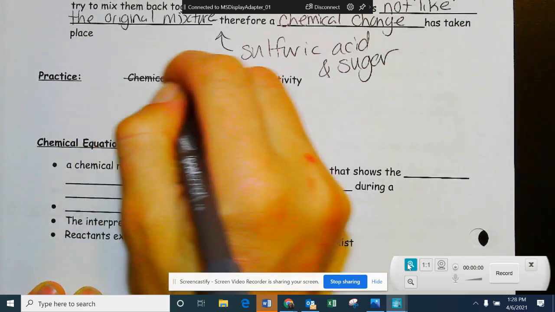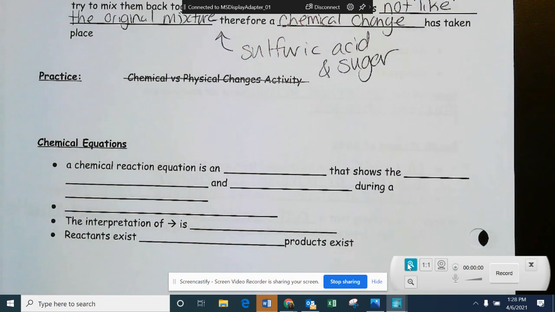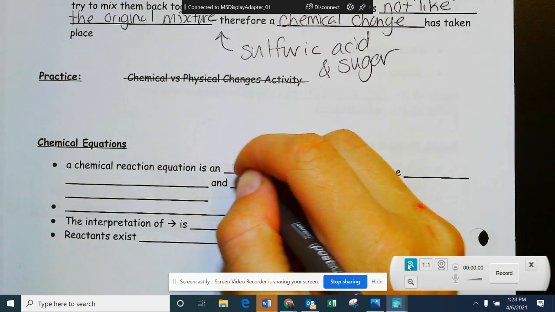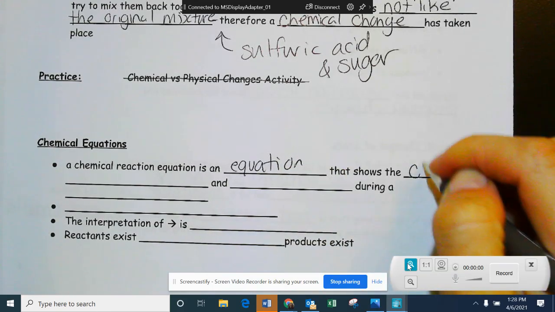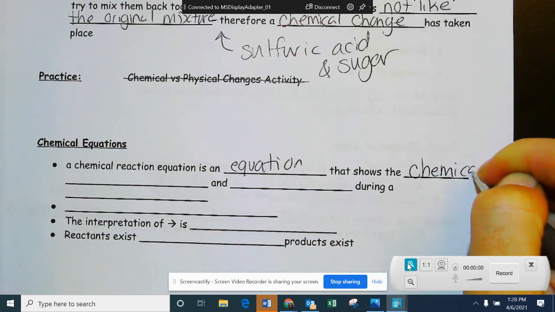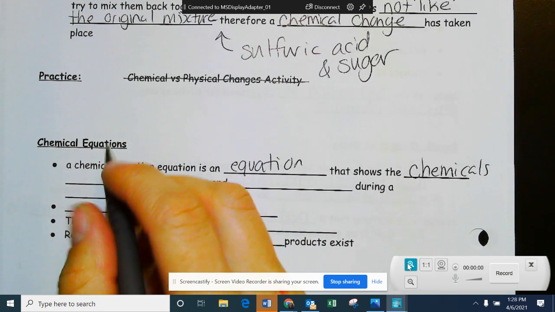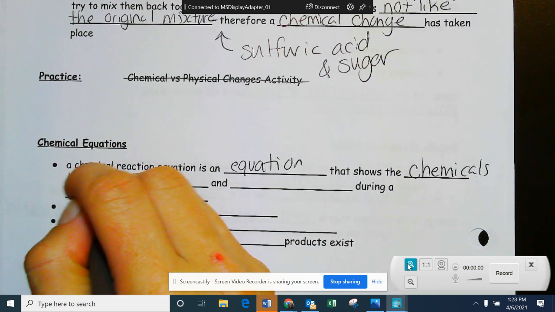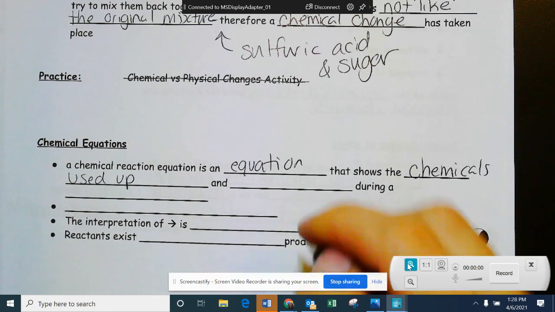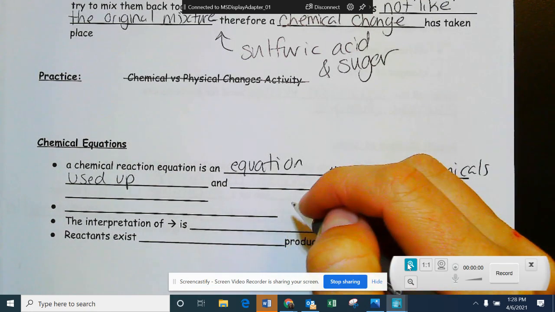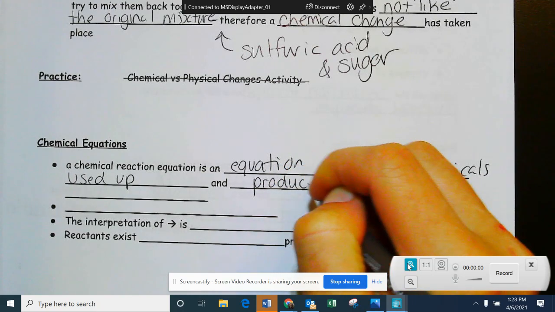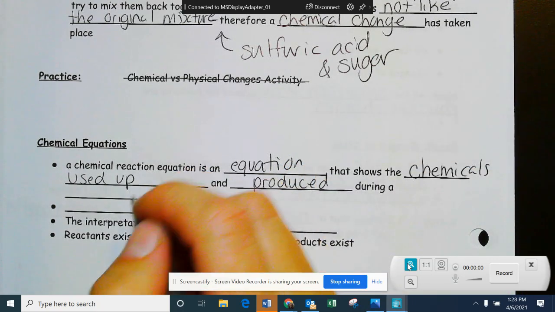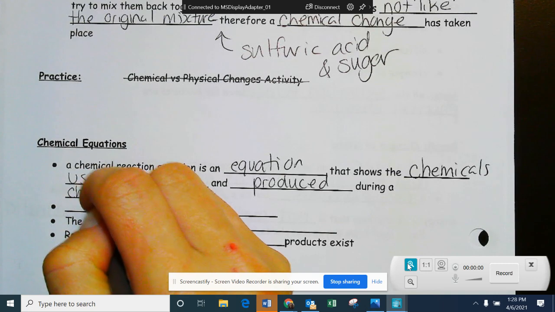So a chemical reaction equation is an equation that shows the chemicals that were used up and the chemicals produced during a chemical reaction.